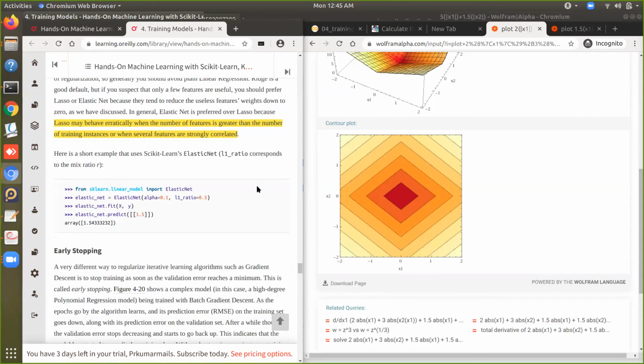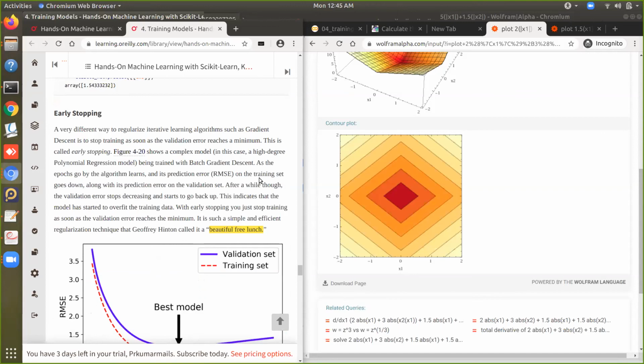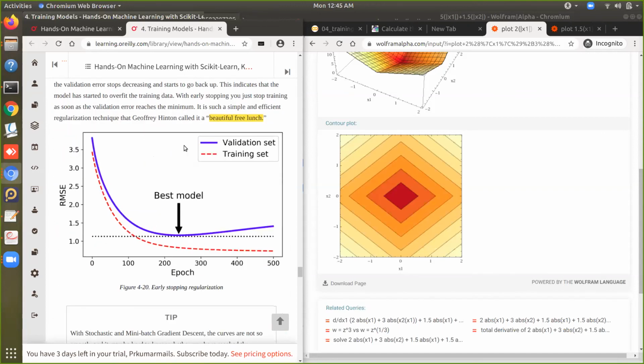And the next one is early stopping. It's about the number of iterations that we make. The red line that we are seeing here is during training, and this is during validation.